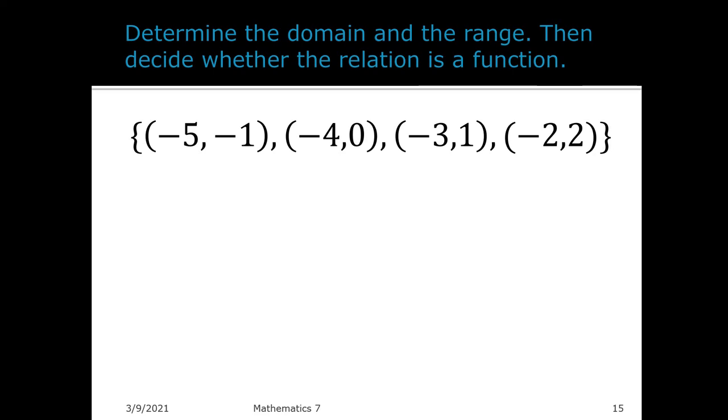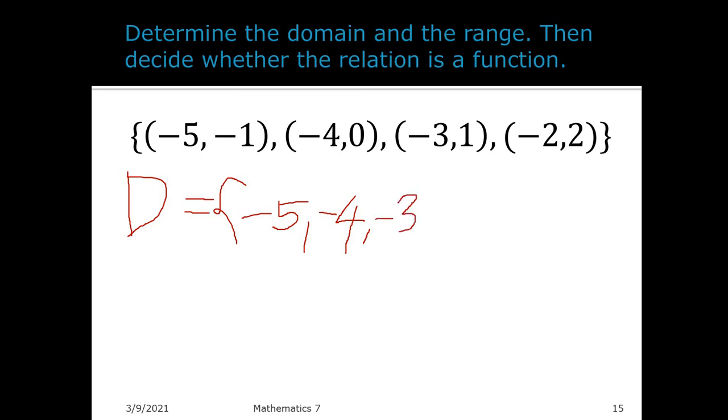Next, we have t equal to, starting with -5, -4, -3, and -2. Not one appeared twice.